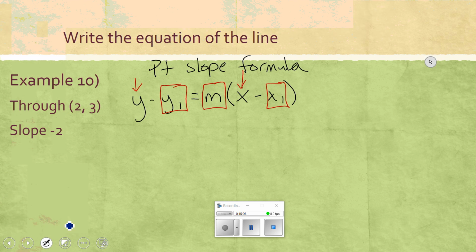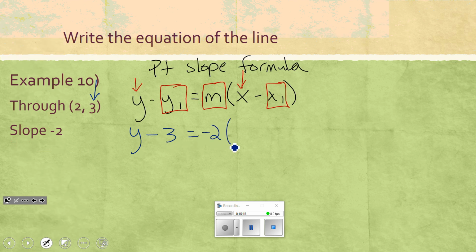So if I plugged in, this would be y minus, what's my y coordinate? My y coordinate is 3, equals my slope, which is -2, times x minus 2. And then you could just rearrange it a little bit.